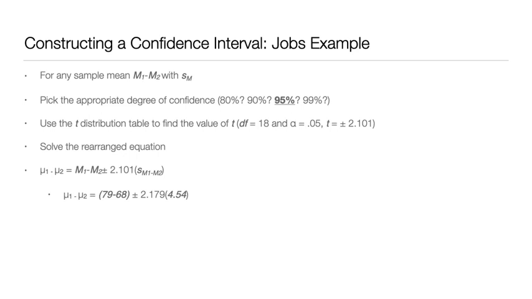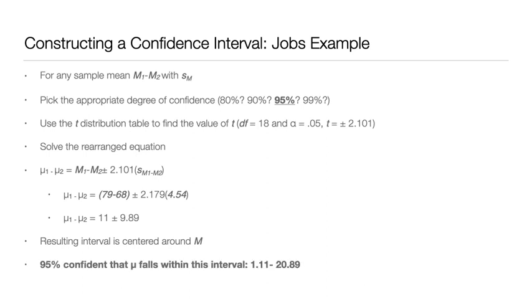So for our example, we would have 79 minus 68 plus or minus, that's supposed to be 2.101, times 4.54. We calculate that out, we add it to our mean difference, and that results in an interval around that mean. So we're saying that the population mean difference between population 1 and population 2 falls somewhere between the difference of 1.11 to 20.89.